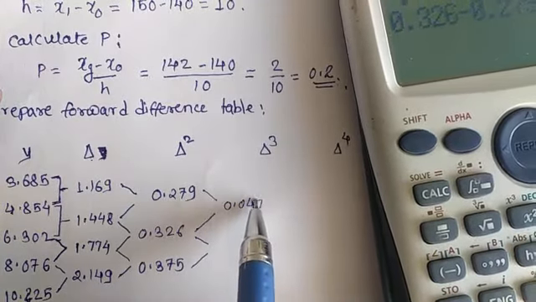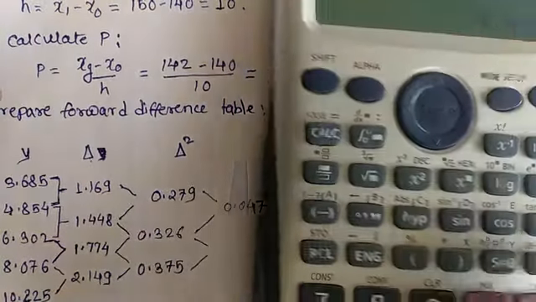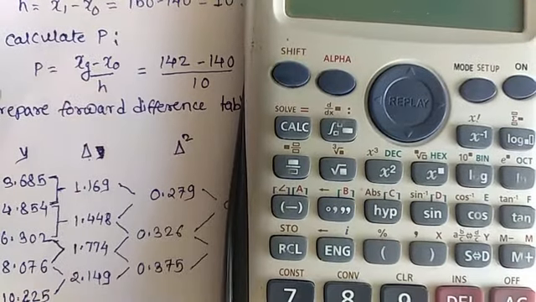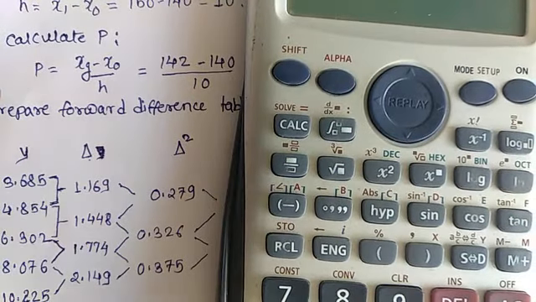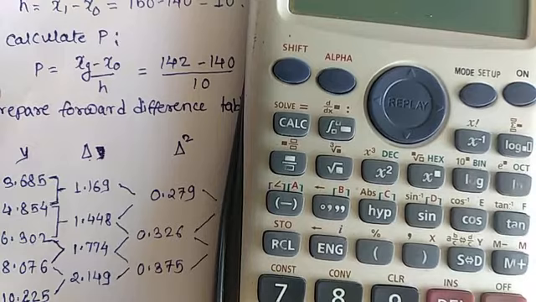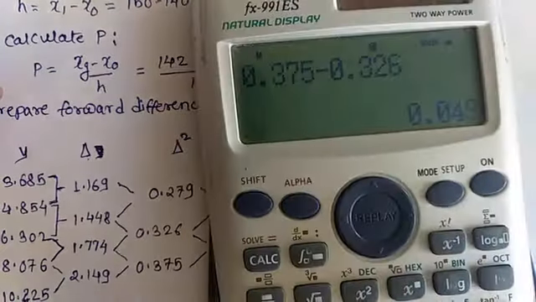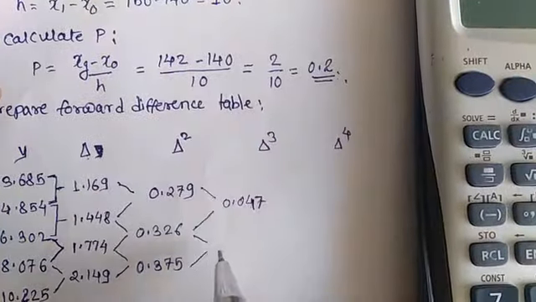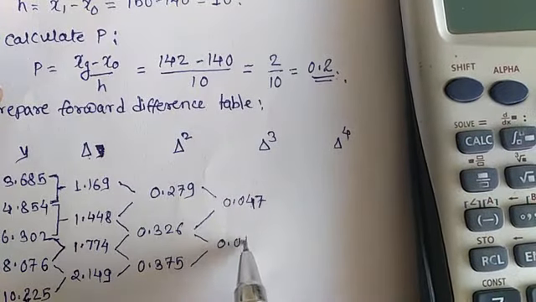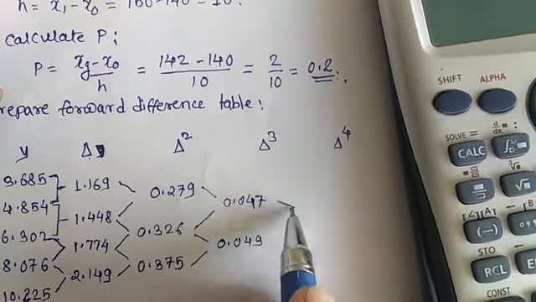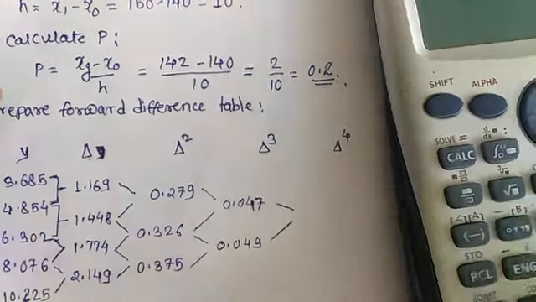Next, the difference between these two, 0.375 minus 0.326, which is equal to 0.049. Here the difference is 0.049.